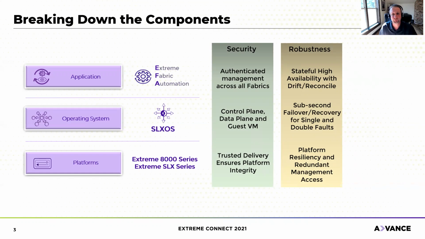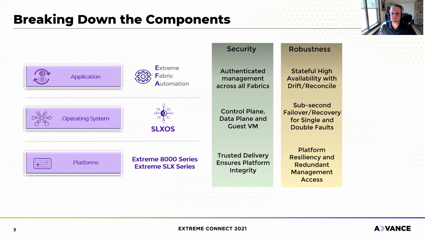From an operating system perspective, robustness is pretty simple to define. Sub-second failover and recovery for all single and double faults. Yes, double faults. So when we look at something that needs to be carrier grade, it's not just being able to adjust for a single point of failure, but for multiple simultaneous failures.